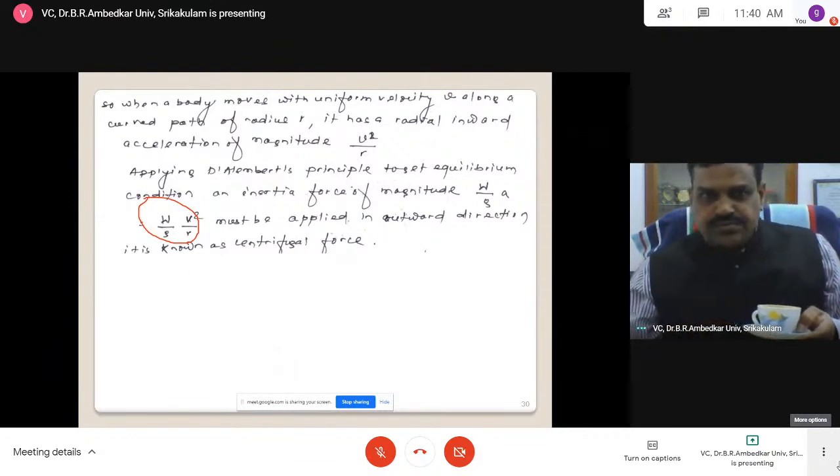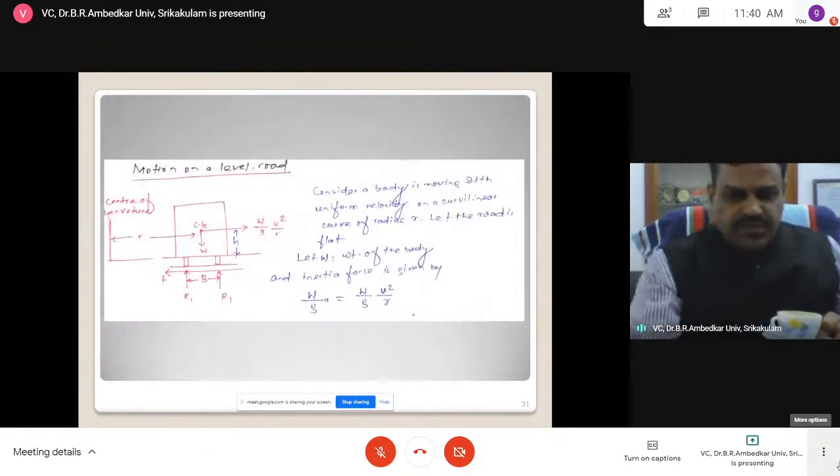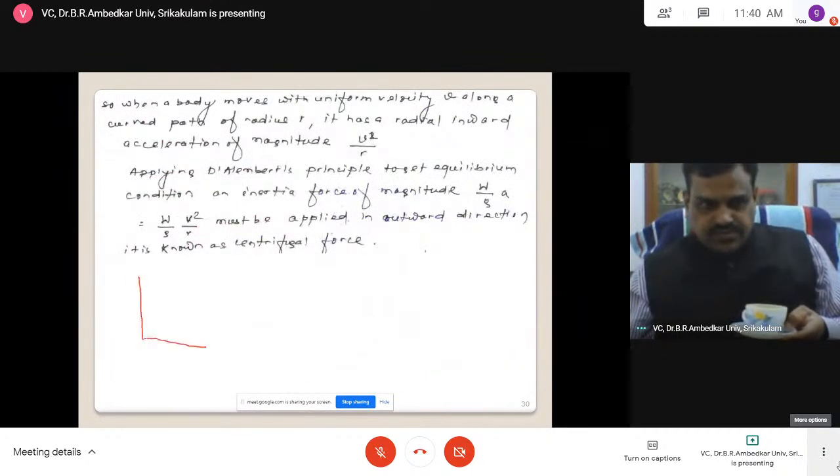Now let us consider one problem in the curvilinear. Before going to that, suppose in a curvilinear motion, a point is represented on a curved path. This is x, and this is y, and this is the normal, and this is the tangent.